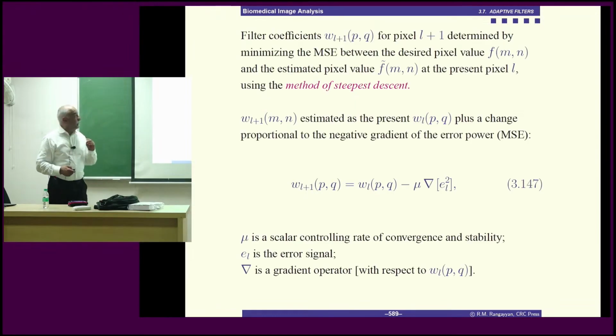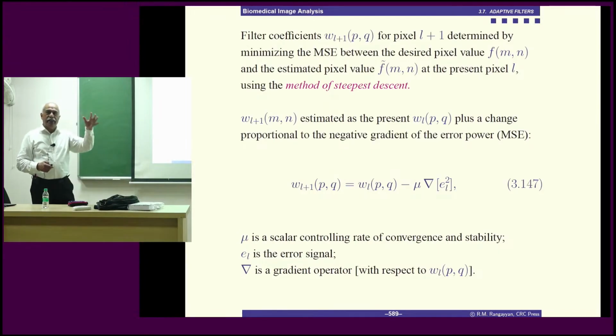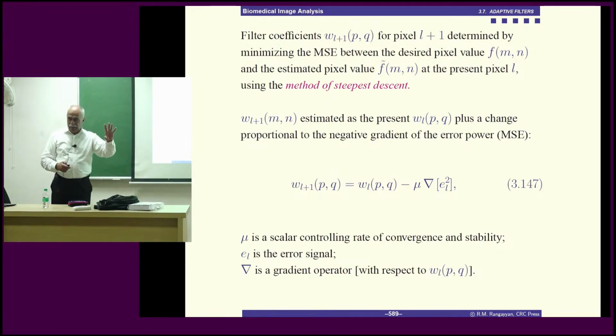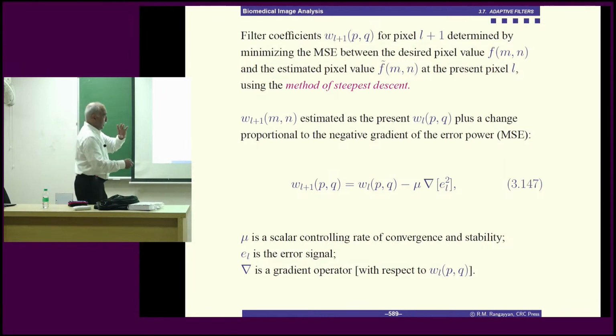So the filter coefficients for each pixel location are determined by taking the filter coefficients at the previous location and modifying them. And what is the modification? The new filter for the current pixel location, w_{L+1}(p,q), is given by w_L(p,q), the filter for the previous location on the image, minus mu, this gradient operator nabla of e squared at L, where mu is a scalar that controls the rate of convergence and stability.